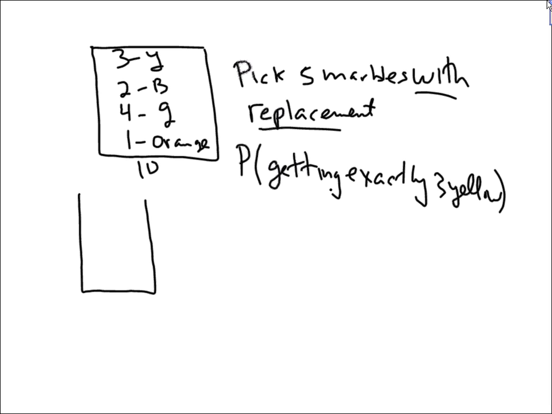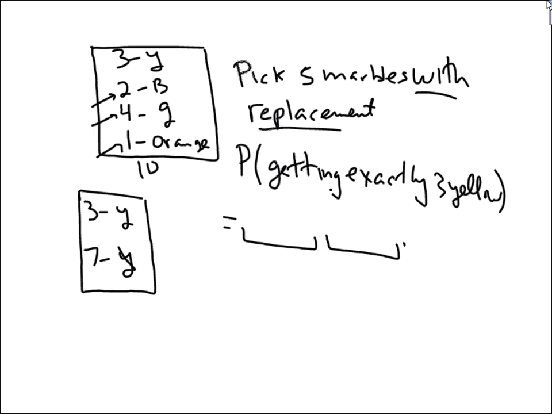What you need to see in this urn right now for this part of the problem is that you have 3 yellow and 2 plus 4 plus 1, 7 non-yellow. That's what you see. 3 yellows, 7 not yellow. That's binomial. Yellow, not yellow. Yes, no, right, wrong. There's 2 outcomes. Well, and it's binomial because the probabilities don't change because we are doing it with replacement.